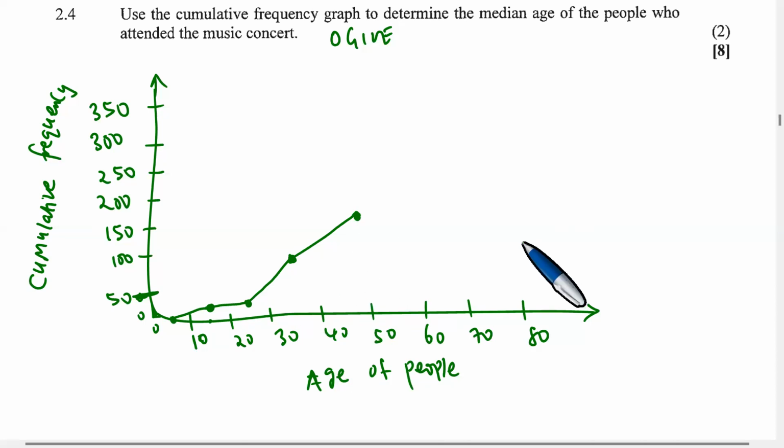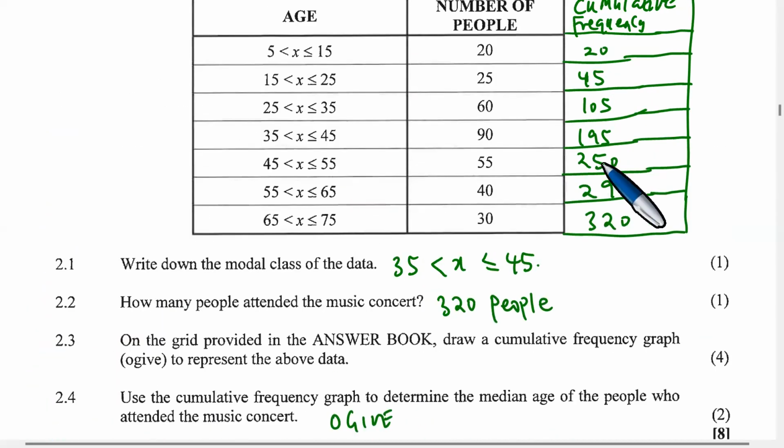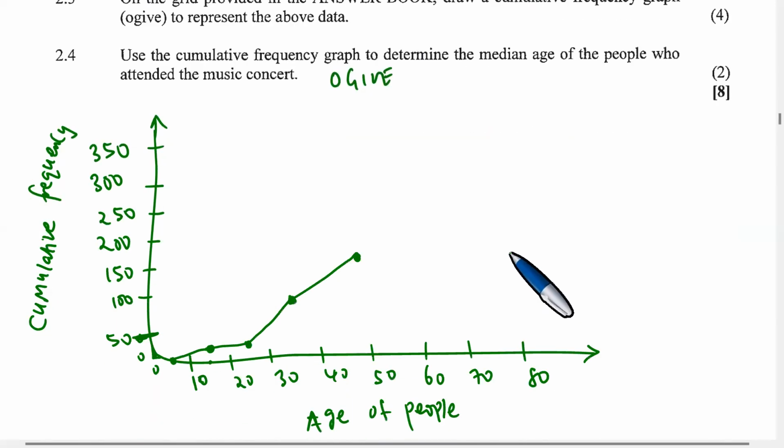Approximately 45 there. Next, we have 55, which is 250. There's 55, that goes with 250. So you can do this and mark 55 here. And then it's going to go like this.